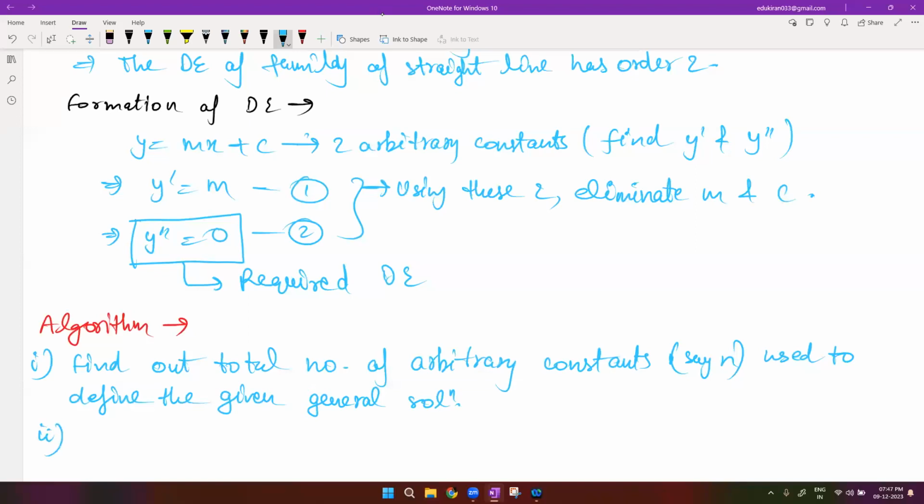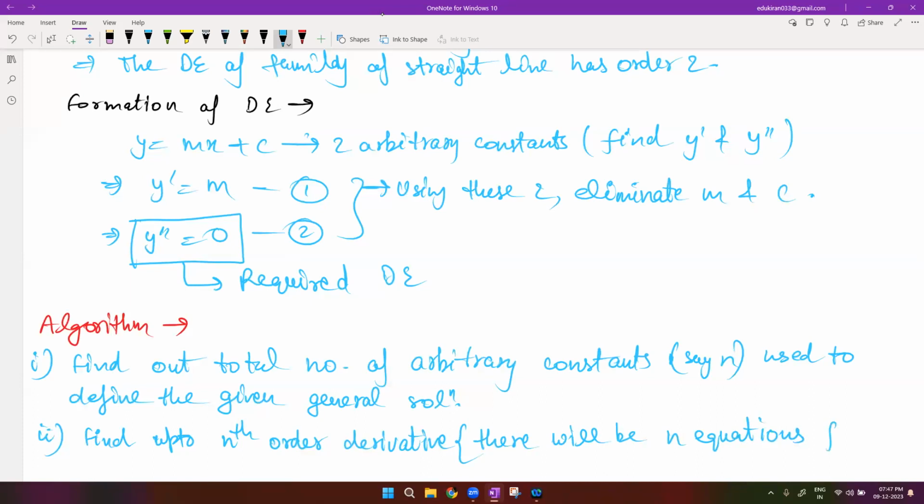Then second step will be: find up to nth order derivative.